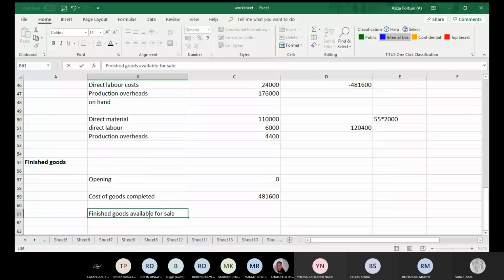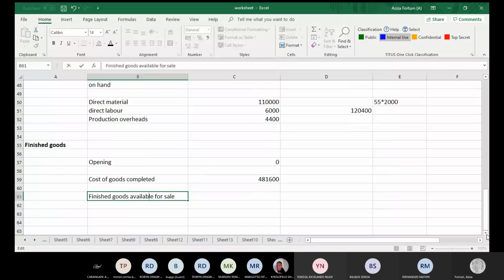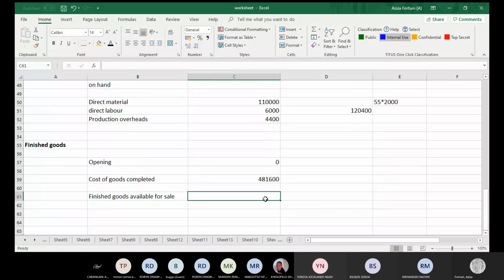Anybody want to go? So if we have completed page 49.